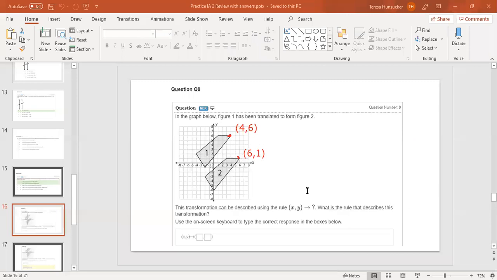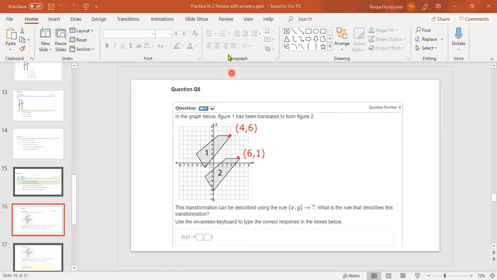All right. And if we were trying to figure out what type of transformation is occurring, I notice that figure 2 is the result after some sort of transformation has occurred to figure 1. So I notice that figure 1 has mapped onto figure 2 by maybe moving down and to the right. Why do I know this?